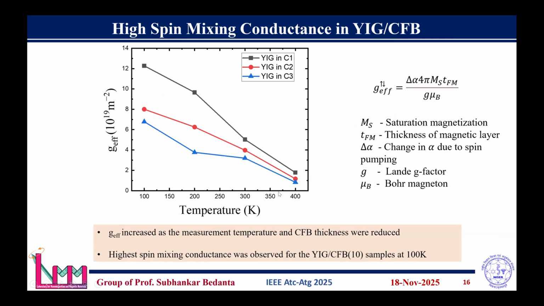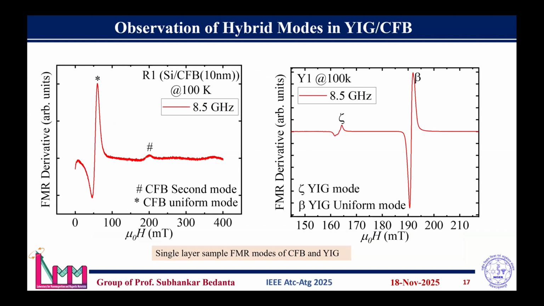When we go from 400 to 100 Kelvin, we find this enhancement in the spin mixing conductance, and as we have also seen in past literature, an enhancement of the mixing conductance may suggest some interfacial exchange coupling between the systems, because of which there is an ongoing enhancement of spin pumping. For this, we have observed in depth how these modes behave.